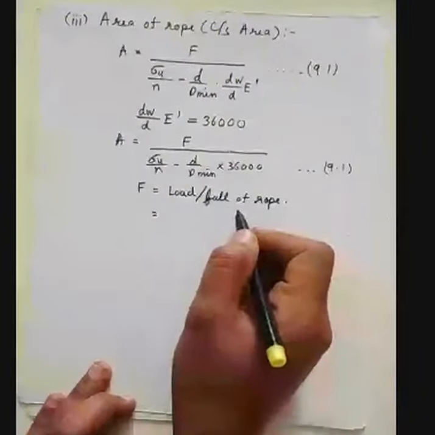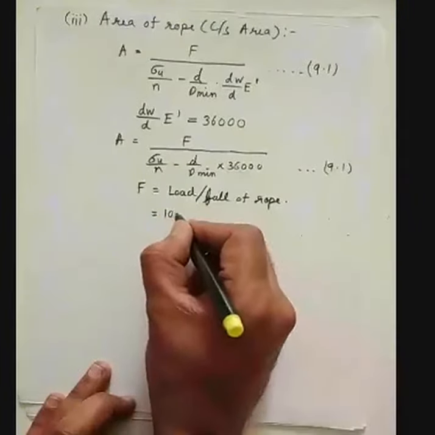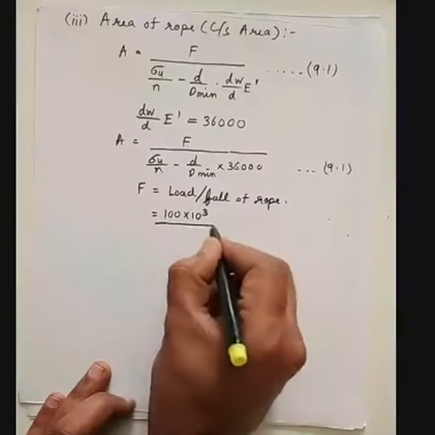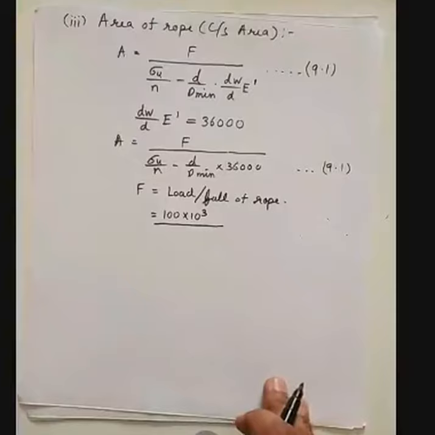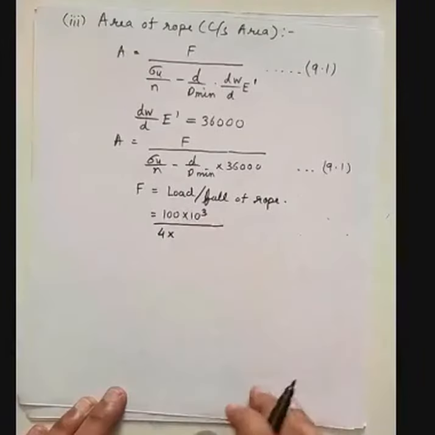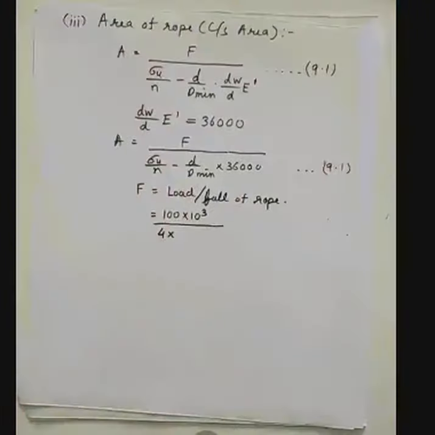How many falls are there? So we have the load as 100 kilonewton, converted into Newton, and the number of falls as 4, but that is not sufficient because efficiencies will come into the picture. The number of falls is fixed, but based on the efficiency the fall will work. Getting the point?